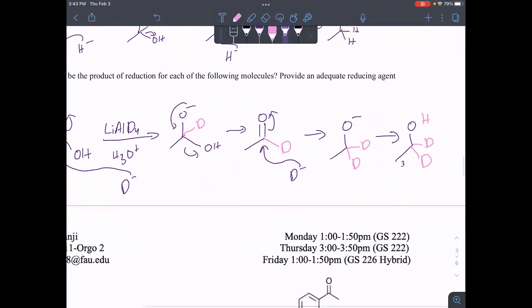So just know that the hydrogens that get added become whatever isotope you're using, and the hydrogen that you protonate with is going to be different since we're using a different reagent to protonate.